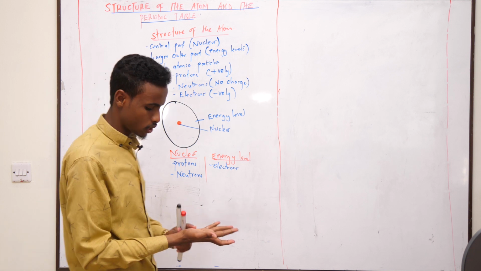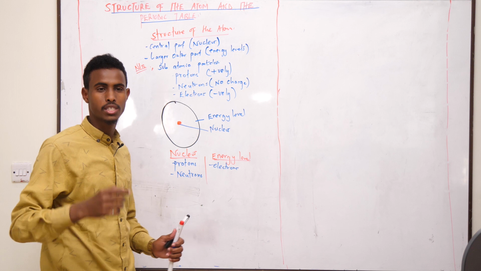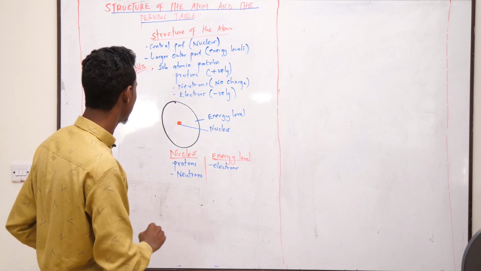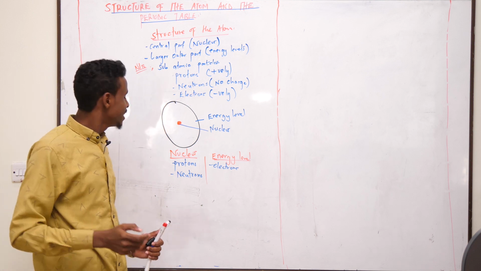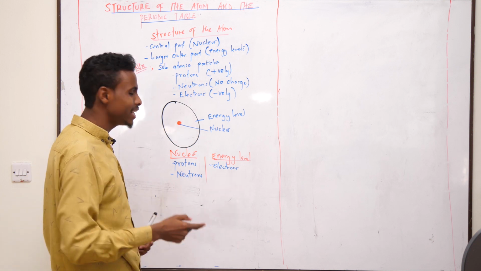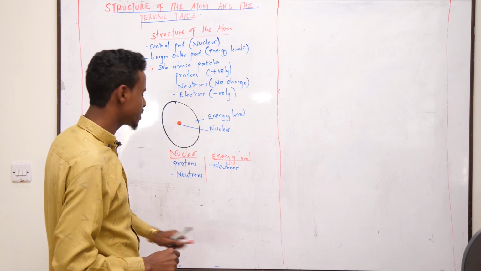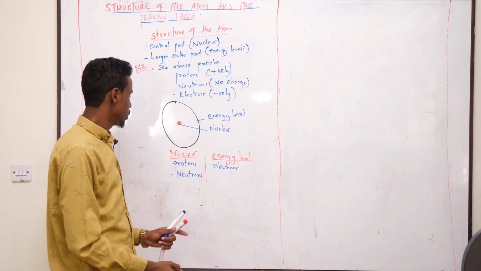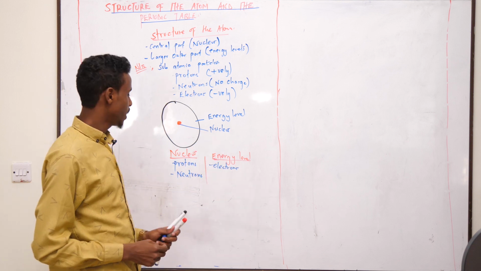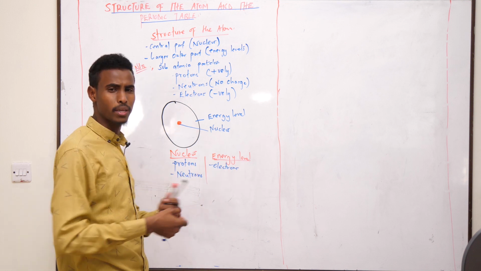Another important question that students are at times asked is, why is an atom said to be electrically neutral? Simply because the number of protons and the number of electrons in any given atom of an element are equal. For instance, let's take an element like sodium. Sodium has 11 protons and 11 electrons. That means we have 11 positive and 11 negative charges.